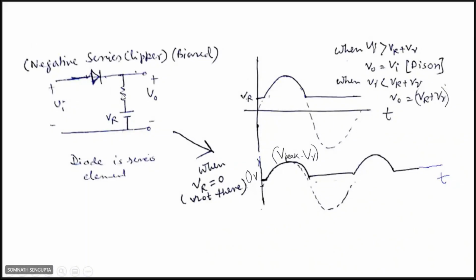That time it is on, and the operation is slightly different: the output is generated due to the voltage drop across the resistance, and the output is equal to the input.